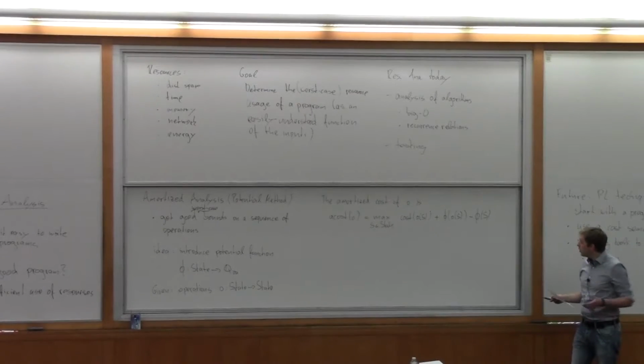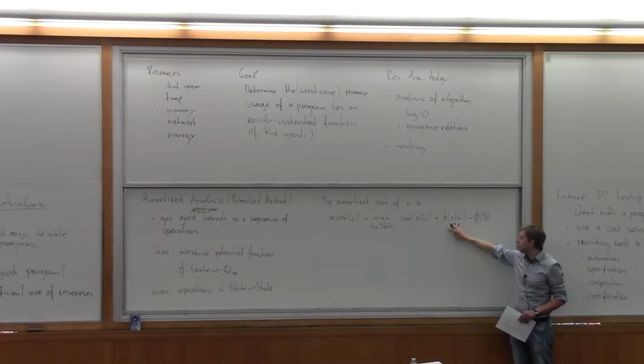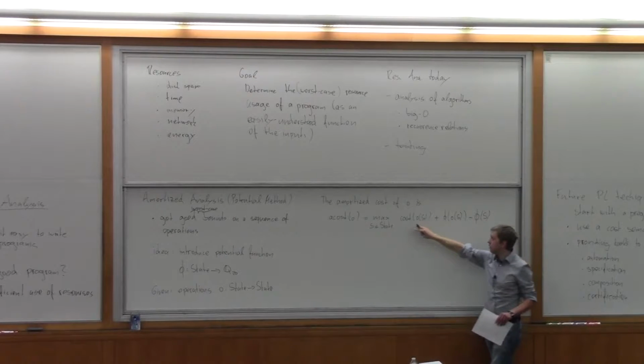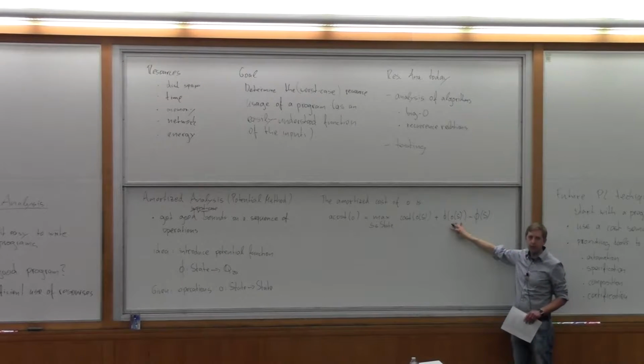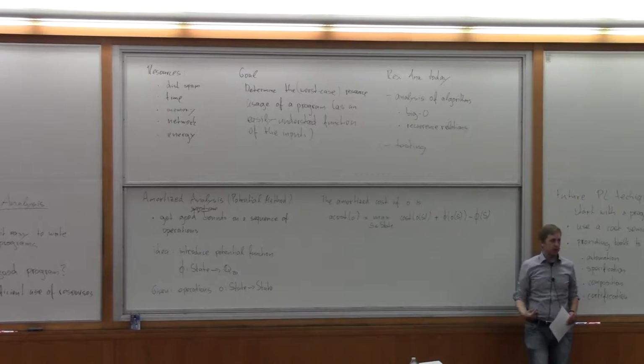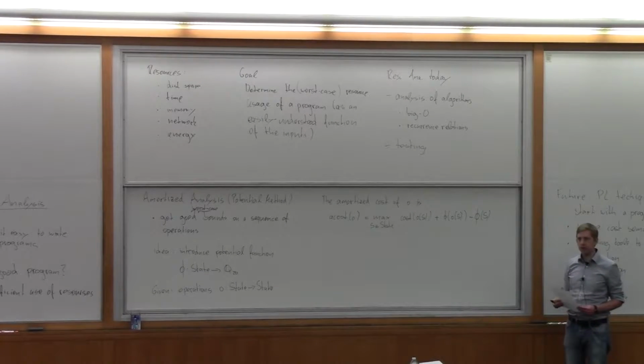But what you also have to take into account is the potential at the next state. So when you have a costly operation, you also want to have a low potential at the next state, otherwise it doesn't work. When you have high cost, you want to use up the potential to pay for it. So this is the idea.